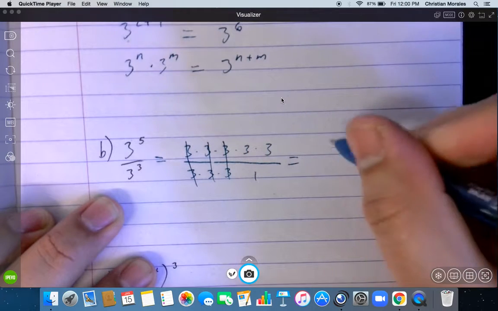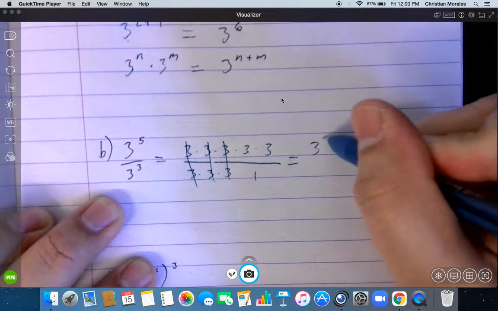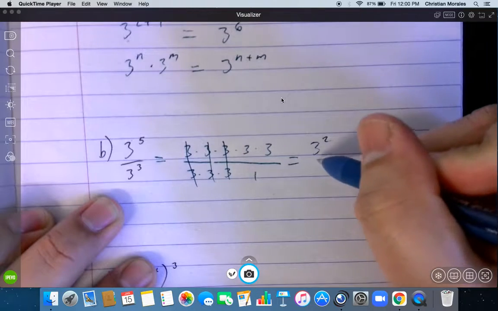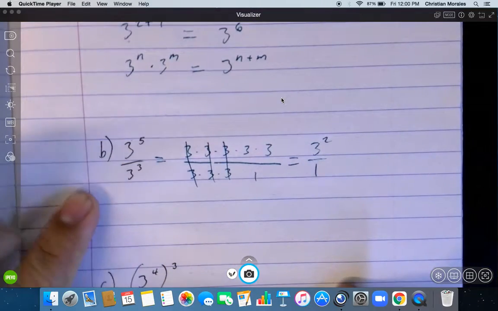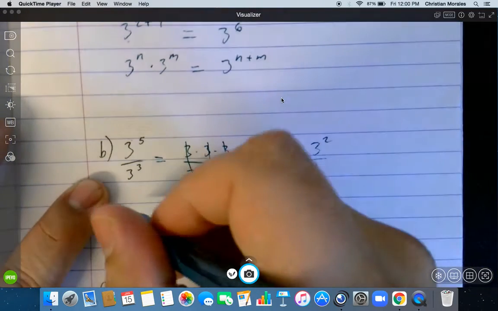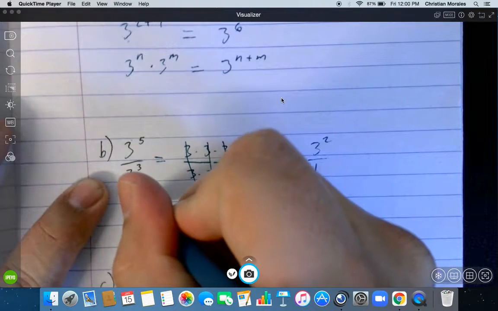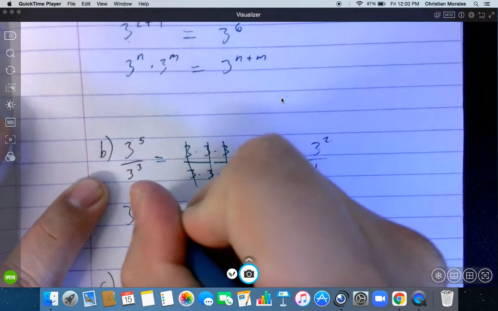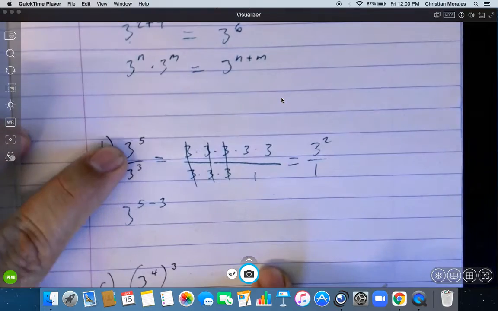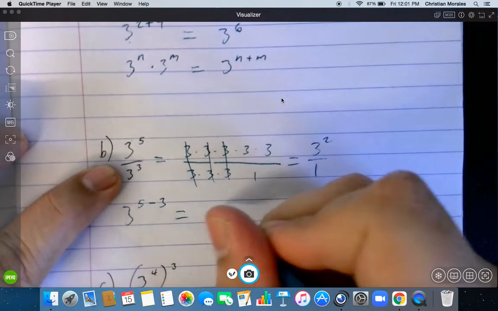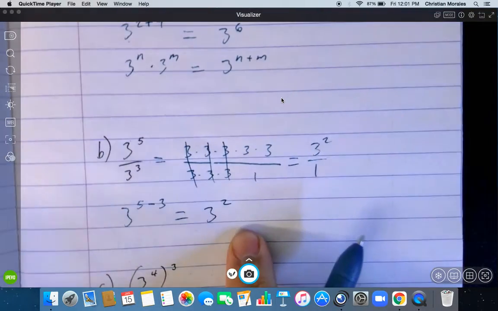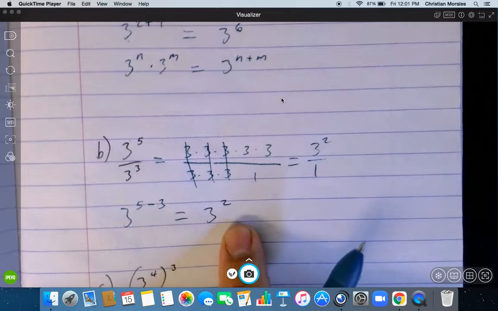So you're left with 3 times 3, which is 3 to the second power, over 1. The shortcut to do this problem would be 3, numerator exponent minus denominator exponent. 5 minus 3, and you get 3 to the second power. So that is the shortcut.